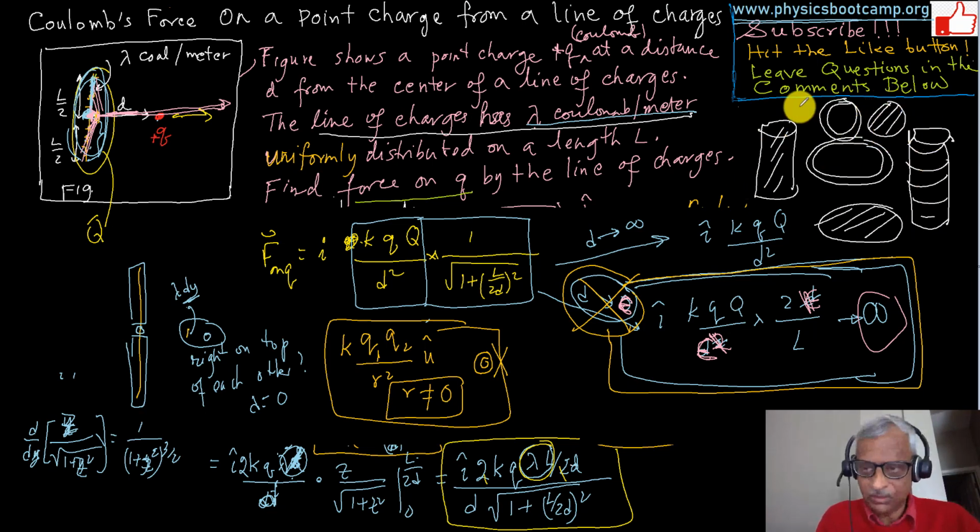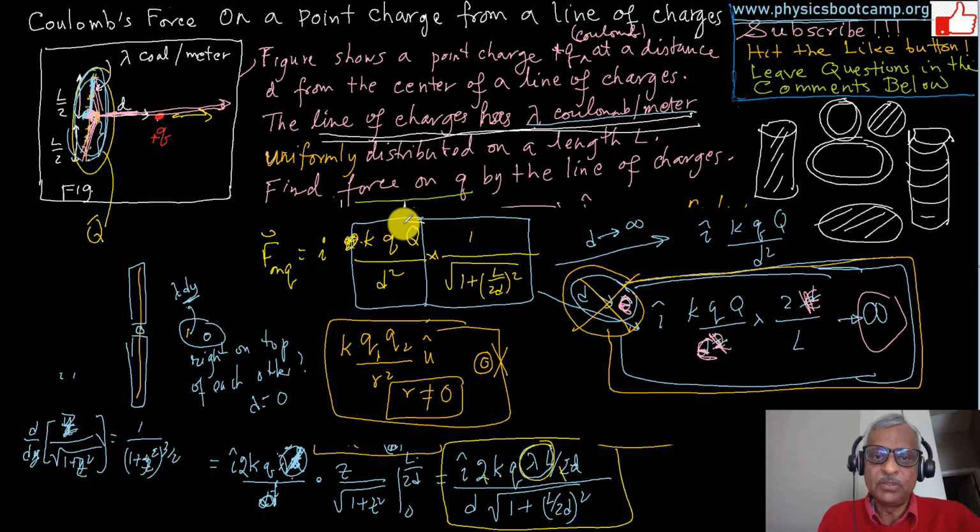These are all continuous charge systems that we study. They're good systems with a lot of nice math that goes with them, but all of them will follow the kind of things that we did in solving this problem when handling the line of charges.